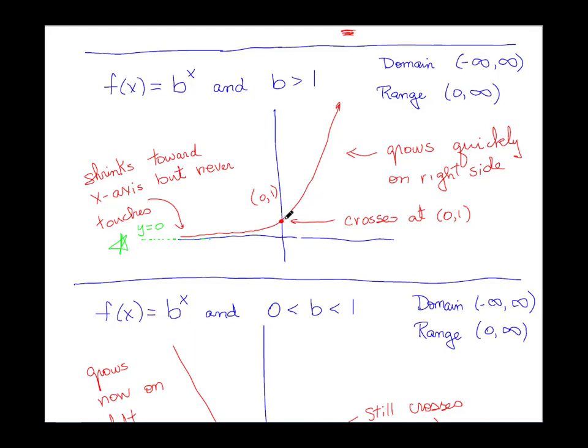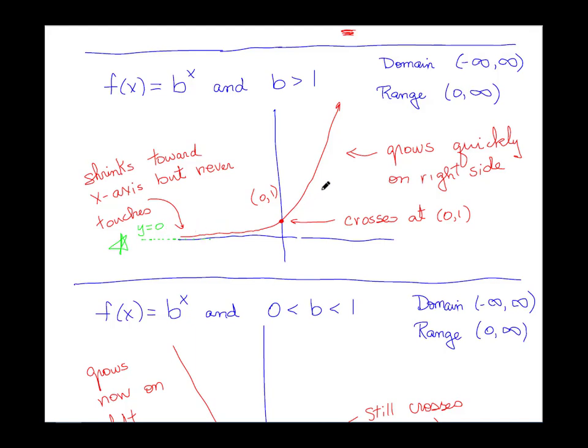What happens as we go to the right? b to the x grows quickly. And as I come toward the left, then we shrink down to this dotted line, which is called the horizontal asymptote, which is y equals 0.